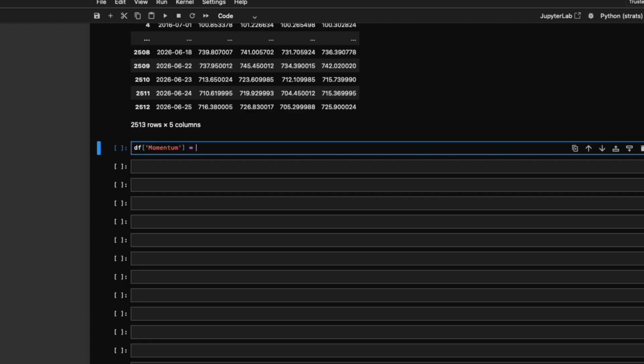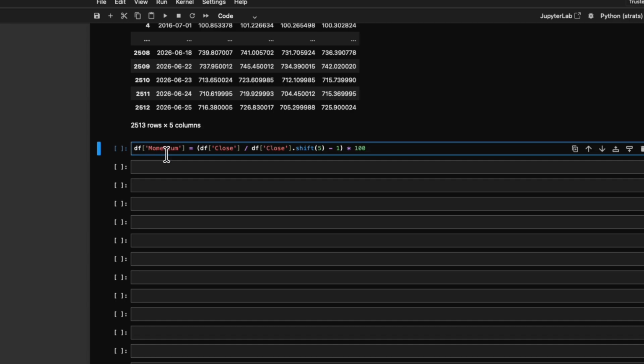And that is basically going to be equal to our close today divided by our close 5 days ago. And to do that, we're going to use the shift method. It just shifts the rows up by 5. So effectively, we're taking the close today divided by the close 5 days ago, minus 1, and then times by 100. And that's algebraically identical to the rate of change formula, really.